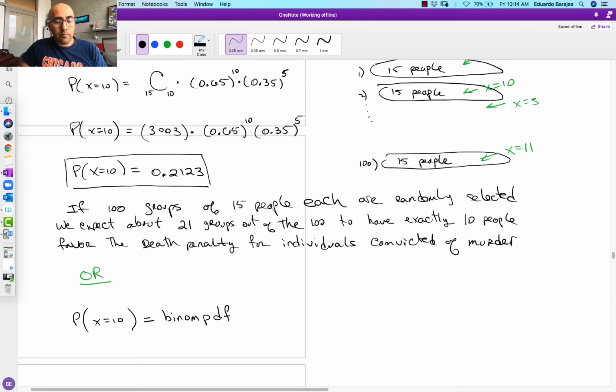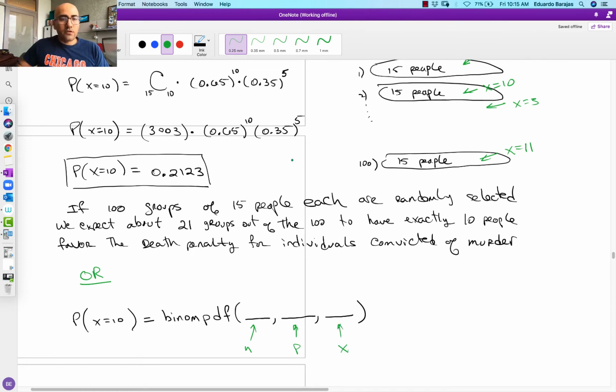So it's binom PDF, and the calculator is going to want 3 numbers. It's going to want you to put the value of n, the number of trials, comma, then the value of p, the probability of success, comma, and then the value of x. Let me point those out. This is your n value, your p value, and then your x value.